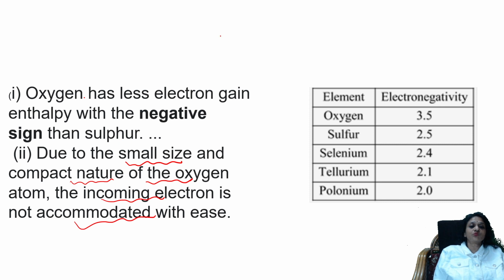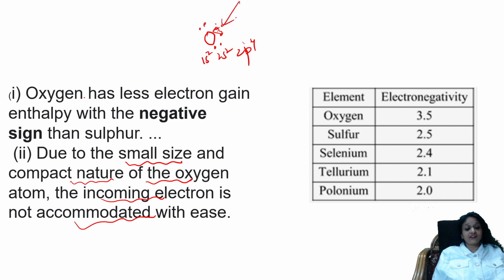Electron gain enthalpy means what? Oxygen is 1s2 2s2 2p4, so 4 electrons are there. These 4 electrons in the outermost shell, what will they do, students?